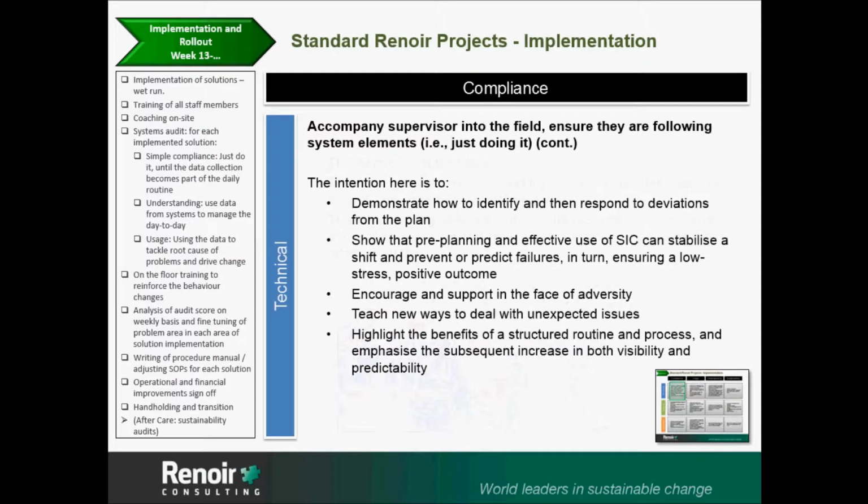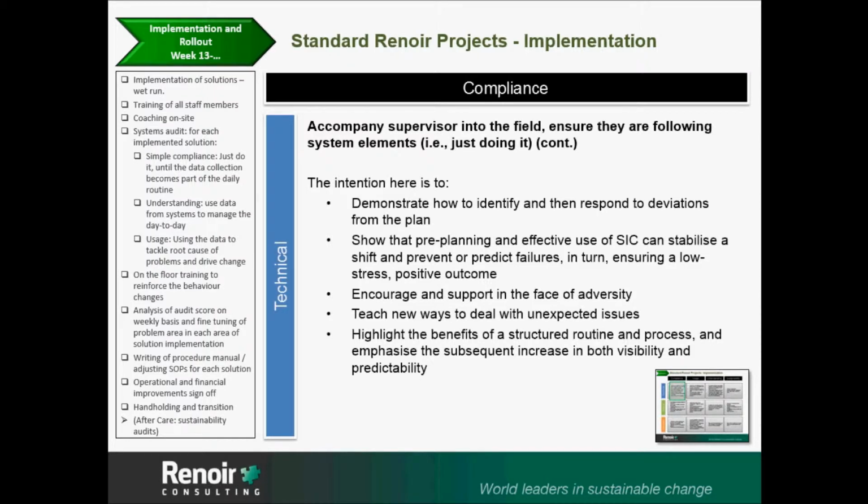The intention here is to demonstrate how to identify and then respond to deviations from the plan. Show that pre-planning and effective use of SIC can stabilize a shift and prevent or predict failures, in turn ensuring a low-stress, positive outcome.